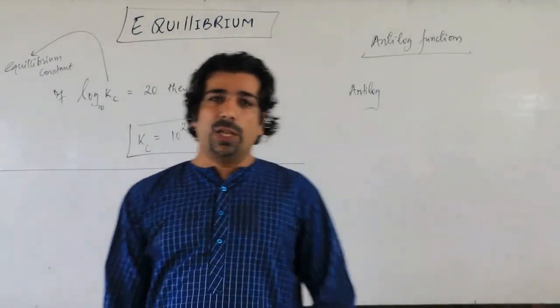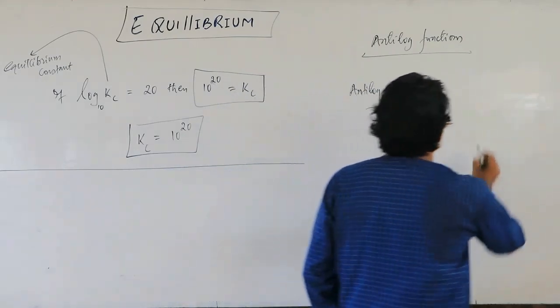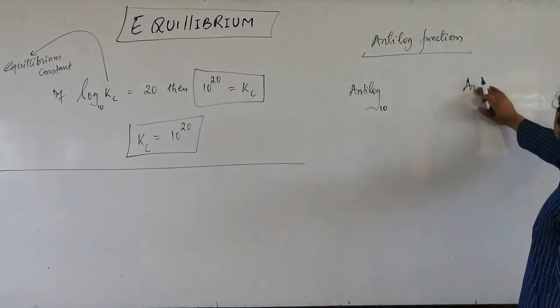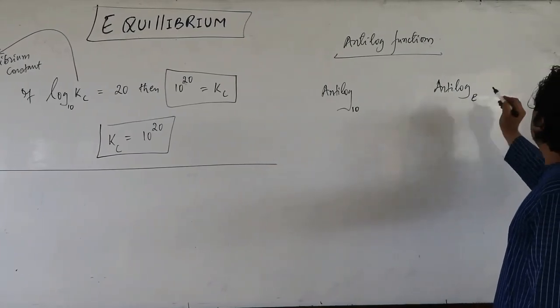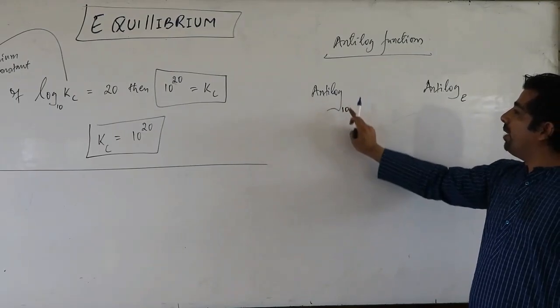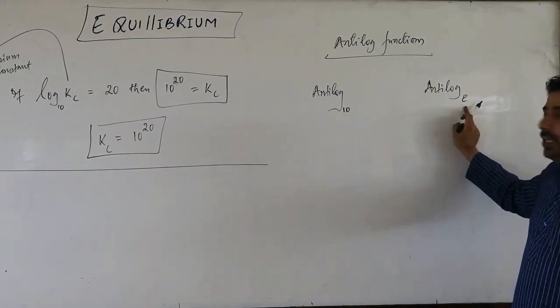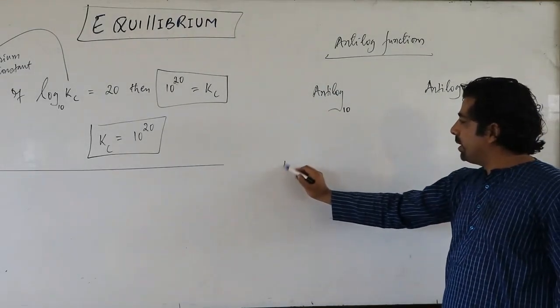For antilog also you can have a base 10, or for antilog also you can have a base e. So for antilog functions you can have a base 10 or a base e, my dear friends. Let us simplify these things if we have an expression with us. Please try to understand.